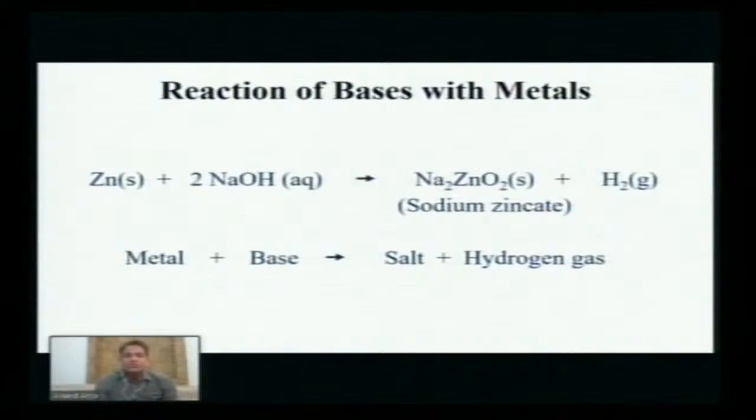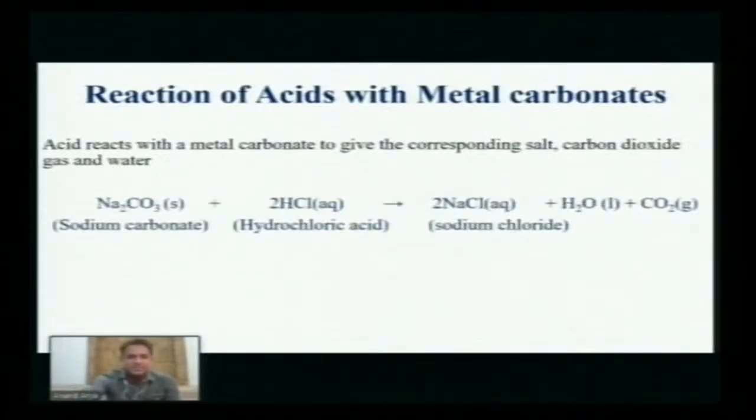So not all metals react with bases. Only some reactive metals react with bases.